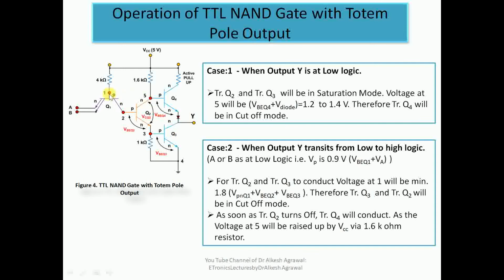At this point, the potential is sufficient to overcome this potential VP and Q1, VBE of Q2 and VBE of Q3, which should be greater than 1.8 volt.